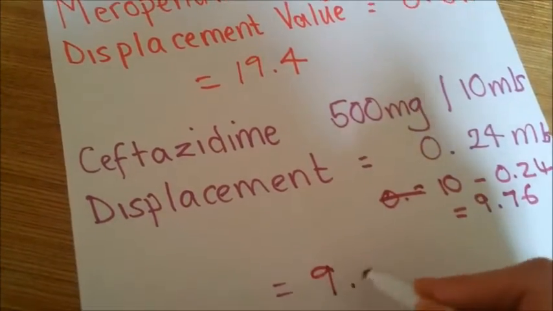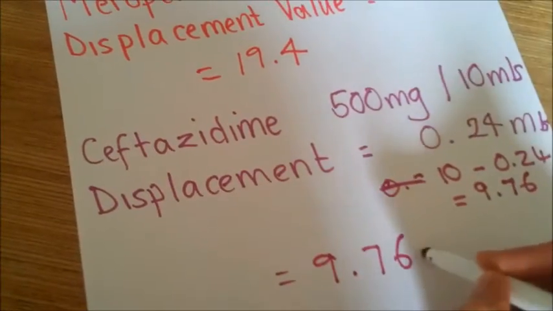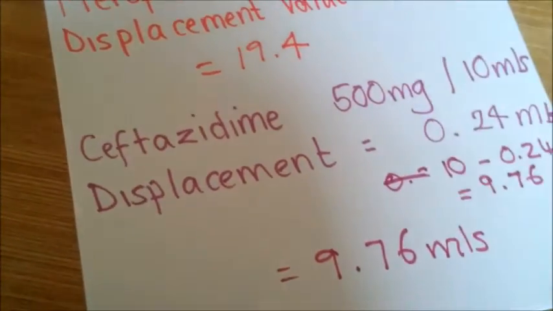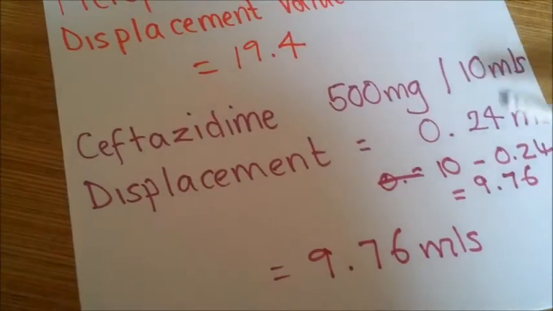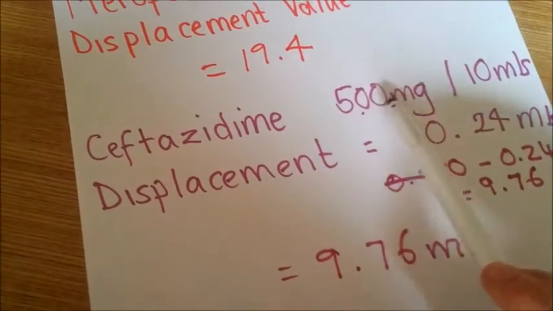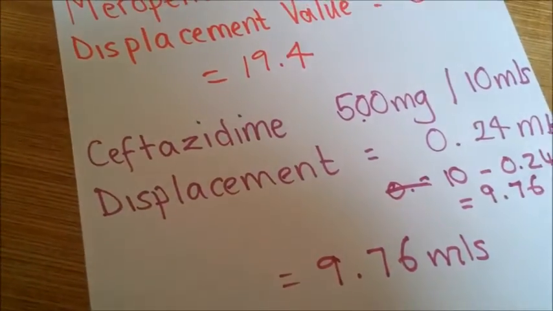So you add 9.76 mils of water for injection to this solution, and that will give you your drug of 500 milligrams per 10 mils.